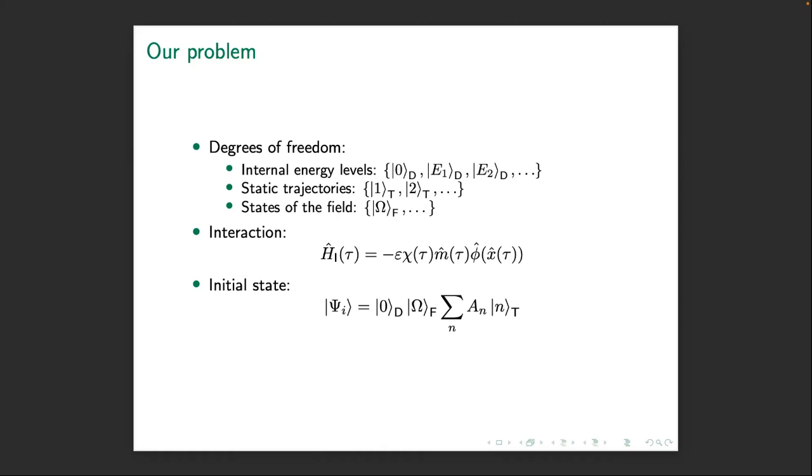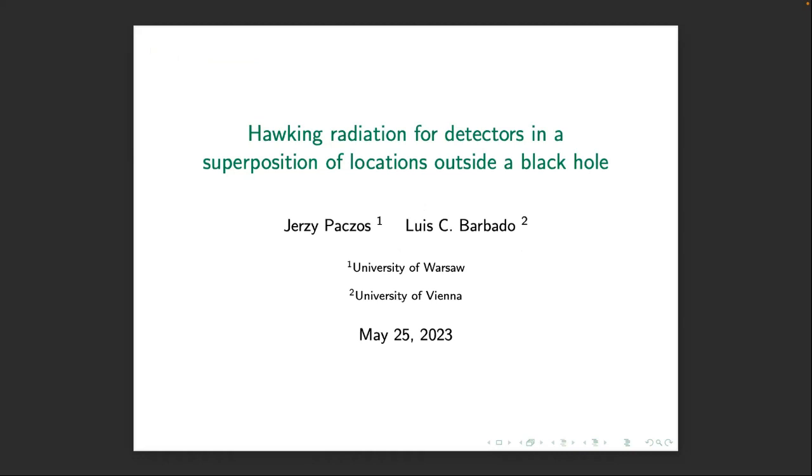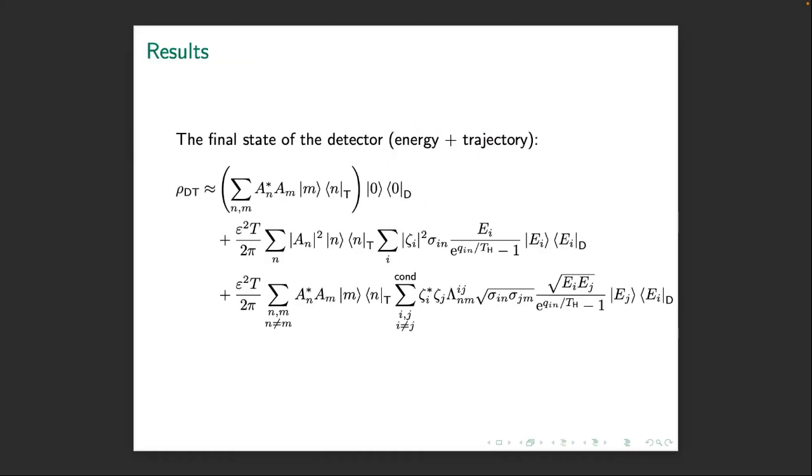So we fix the initial state and we let things happen. We let the field interact with the detector. And after infinitely long time, we check what is the final state of the system, but disregarding the quantum field.